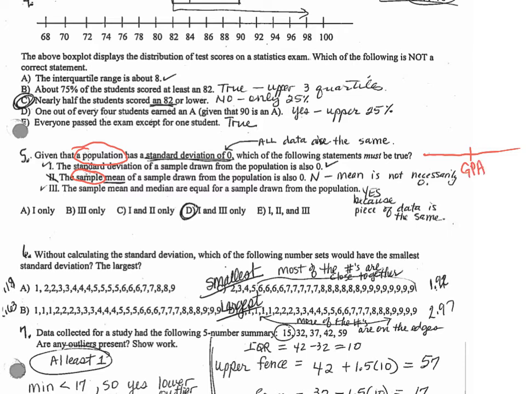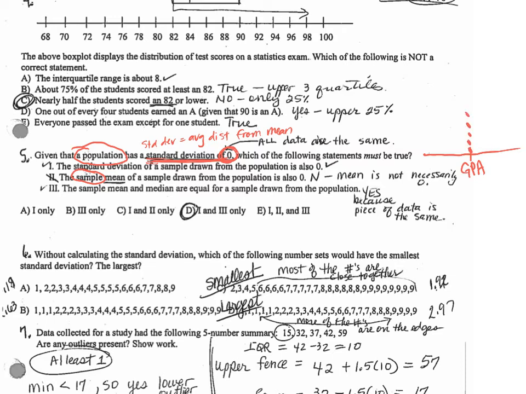Since our standard deviation is the average distance from the mean, if the average distance from the mean is 0, then that means every piece of data is the mean.